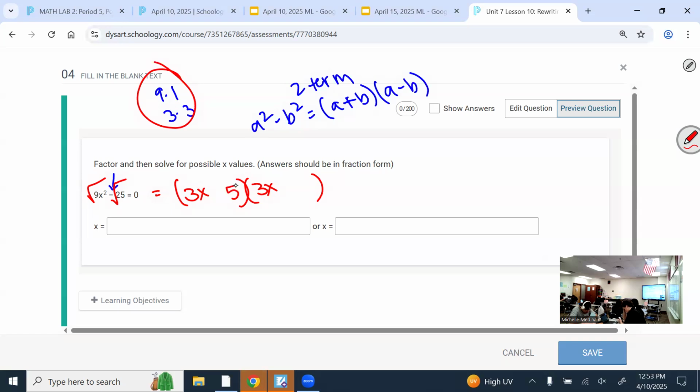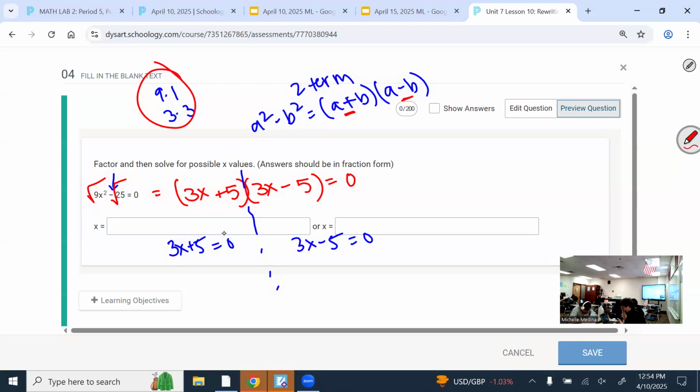Good. So my parentheses look like this so far, and according to this rule, one of them needs to have a plus and the other one a minus. Now, what this is asking for is the solutions, not just what the factored form is. So this we've done kind of by memorization, with the flashcards. But the ordinary way you would solve for it is by setting each factor equal to 0 and solving for x.